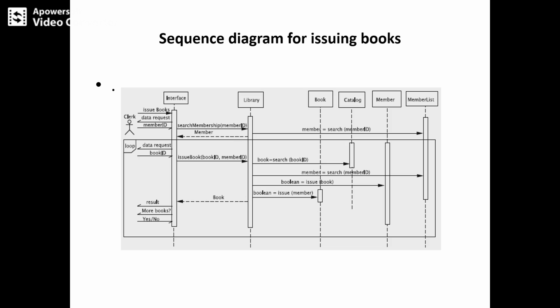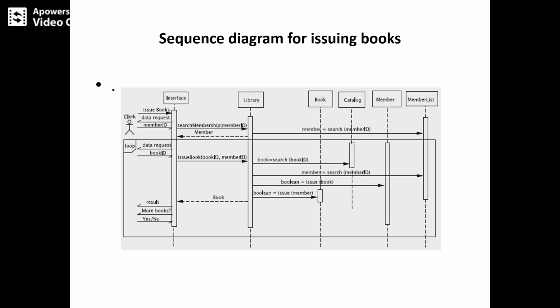For issuing a book, the member ID is a must. Validation happens through search membership in the member list, so that the member object is found: search member by member ID.